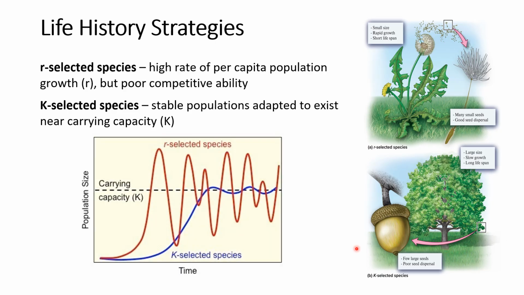When you look at the population growth curve of these two strategists, you can see a couple of key features. In r-selected species, for example, mosquitoes will reproduce and grow exponentially. So let's just say it rained, and that's what mosquitoes need.